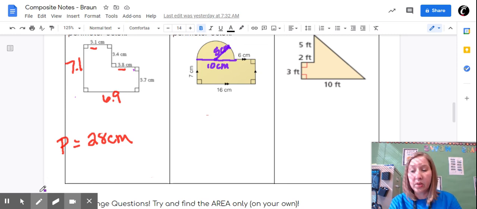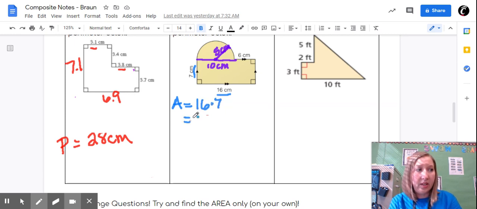What I'm going to do to start, though, is take a look at my rectangle. So if I look closely here, I see that I have a length of 16 and a width of 7. So the area of my rectangle is pretty easy. I'm just doing area equals length times width. So I'm doing 16 times 7.